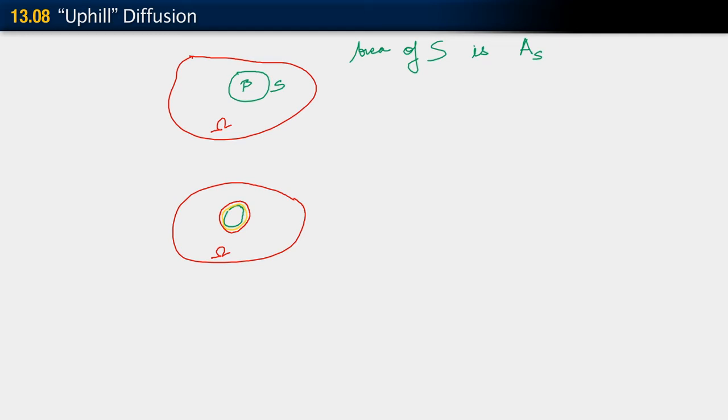So those contours that I've drawn going from red to yellow to green are a sort of smeared out interface of some finite width across which the concentration is changing from C alpha to C beta. Inside here the concentration is C beta.